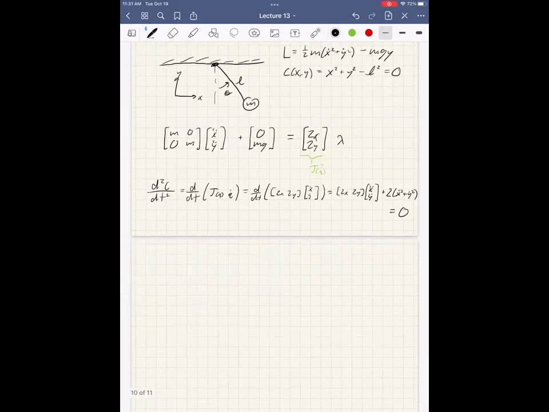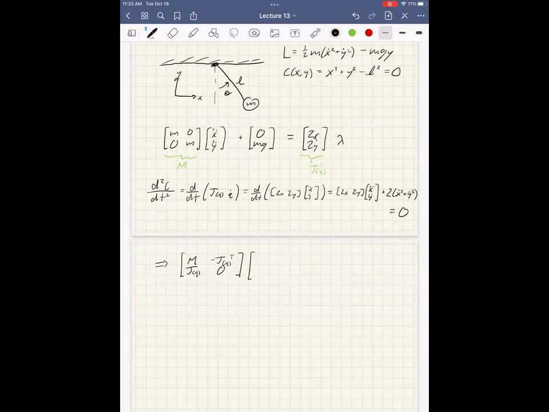So now if I plug all that together and write down my KKT system, I'm going to get the mass matrix, which is this guy, which doesn't depend on Q anymore. I'm going to get J of Q transpose and J of Q, which is the 2x, 2y thing up here.